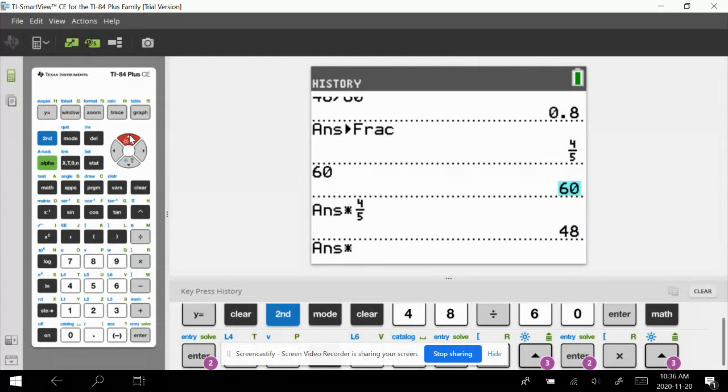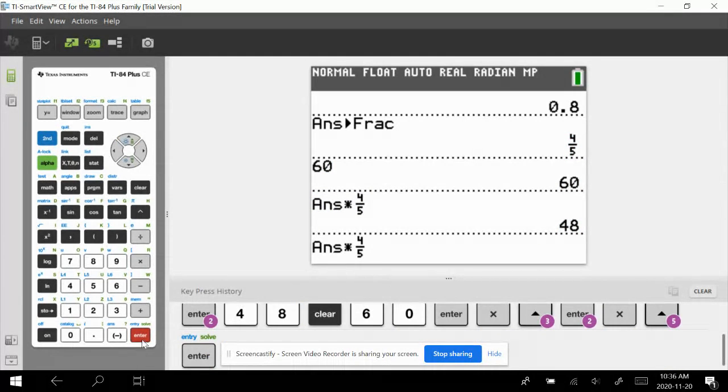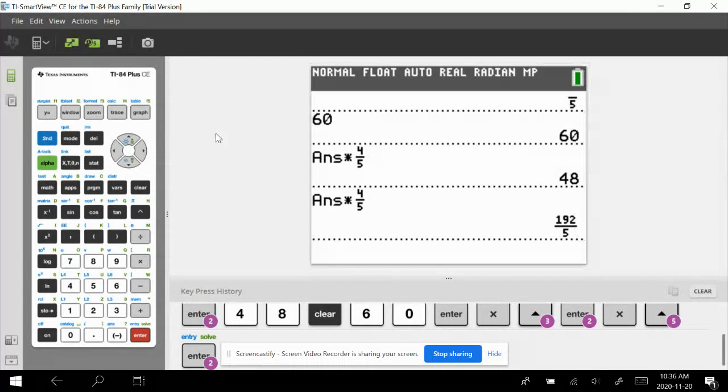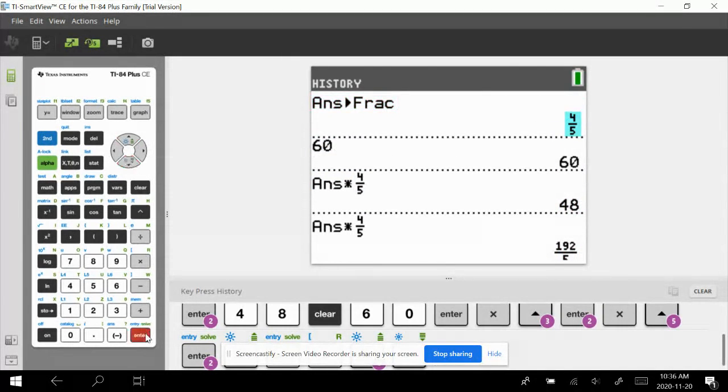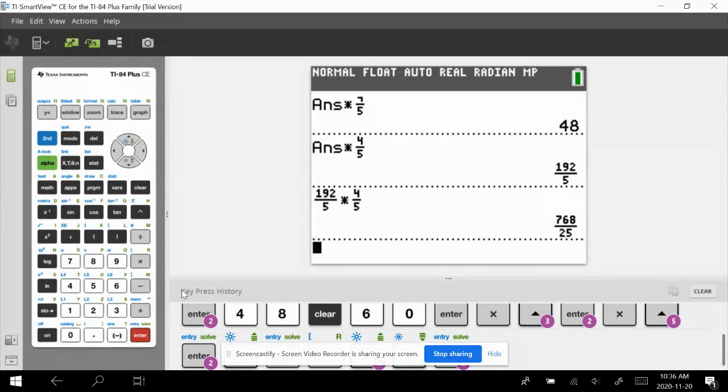Times 4/5 again, I get 192/5. Times 4/5 again, I get 768/25. If I multiply by 4/5 every time, I get the next number in the sequence. So my common ratio is 4/5 in this case.